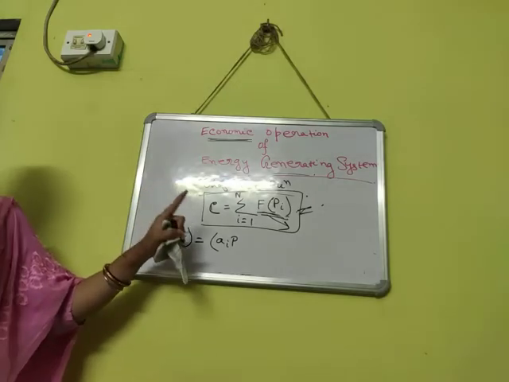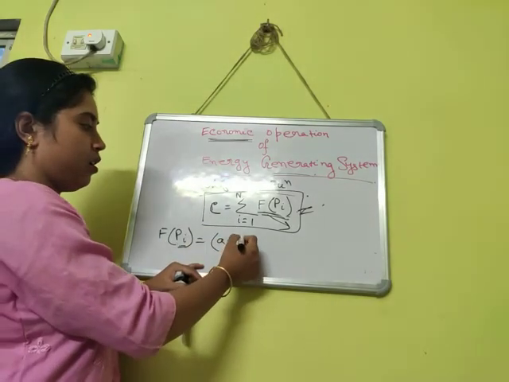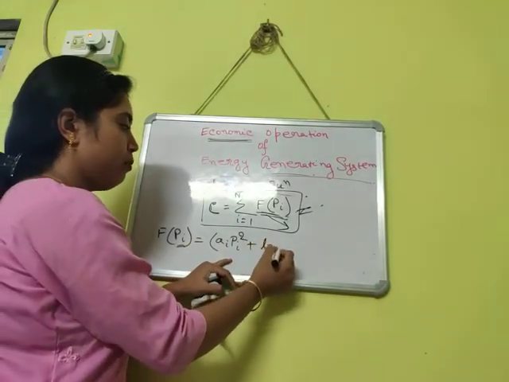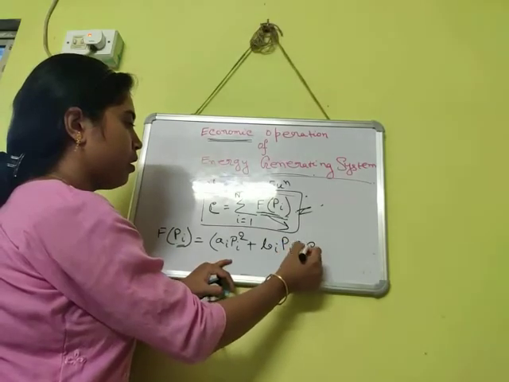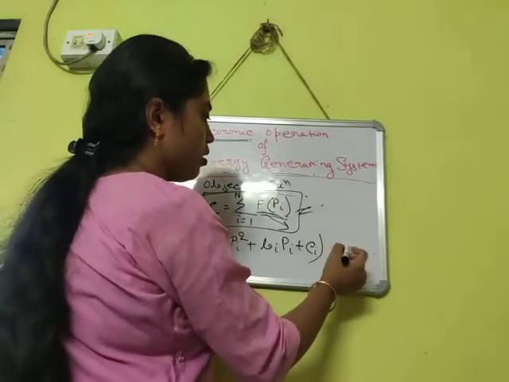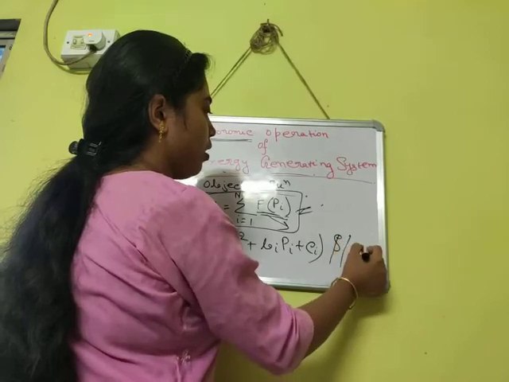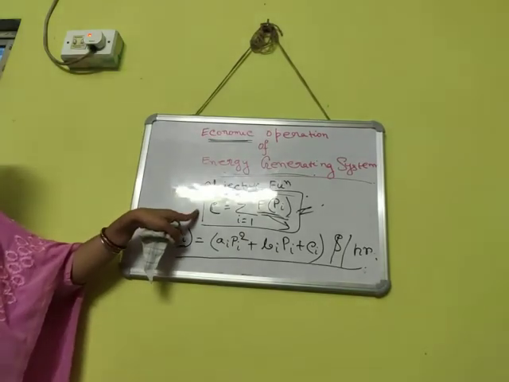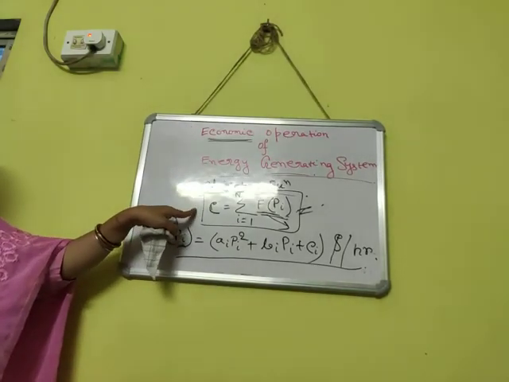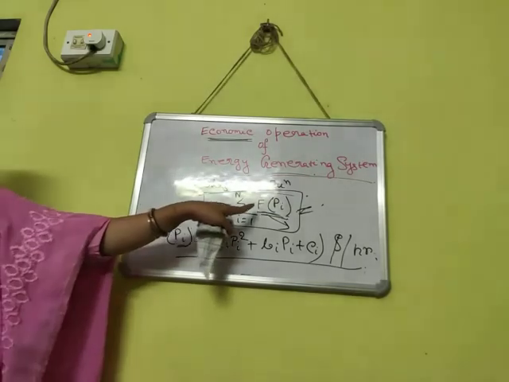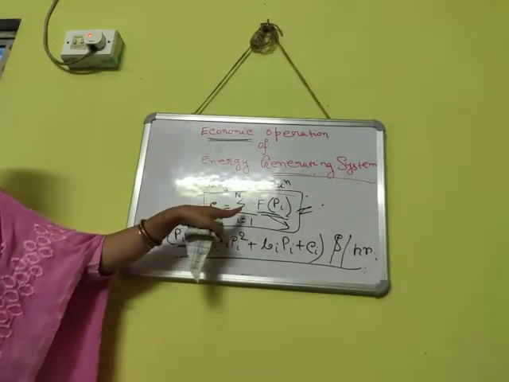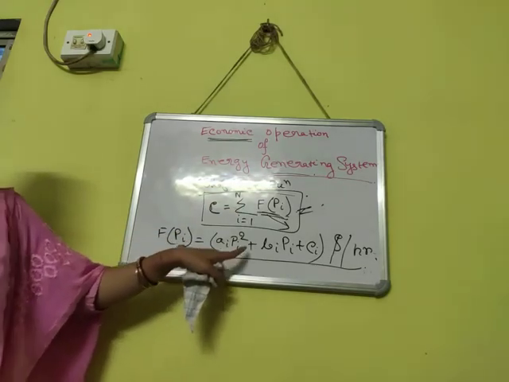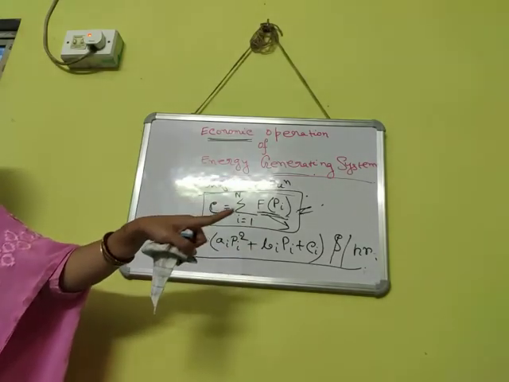That's why it will be ax square plus bx plus c, that is, ai Pi square plus bi Pi plus ci. The unit is dollars per hour. That is our objective function, the cost function, which equals the sum of Fi(Pi), where Fi(Pi) equals ai Pi square plus bi Pi plus ci.